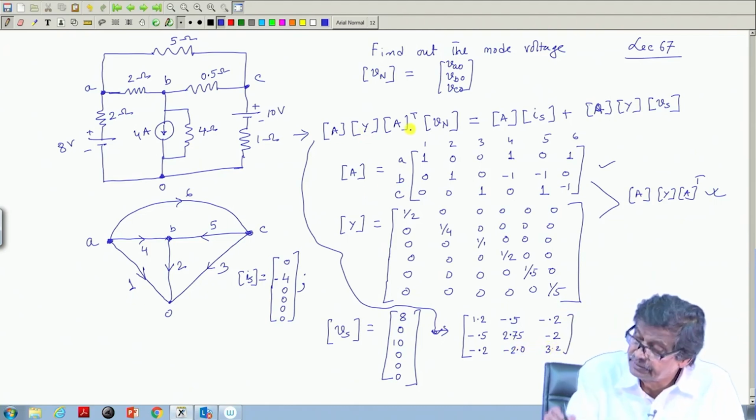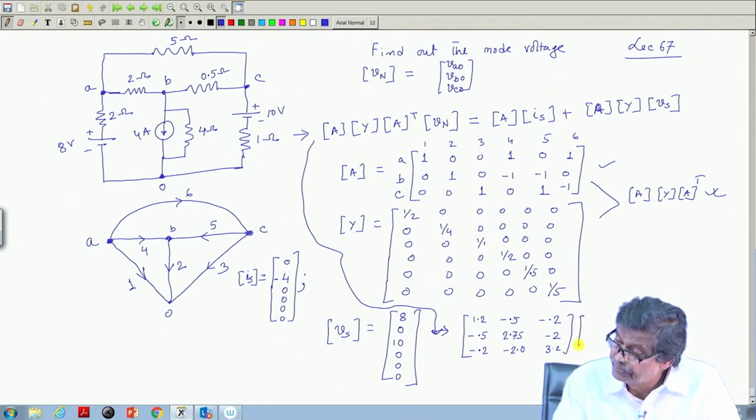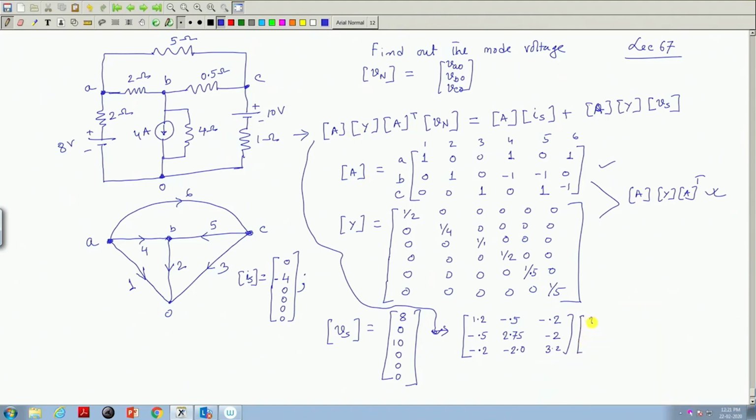This equation, this into VAN. What is VAN? VA0, VB0, VC0. And right hand side will be A into IS. If you do that, it will translate into 0, minus 4, 0.